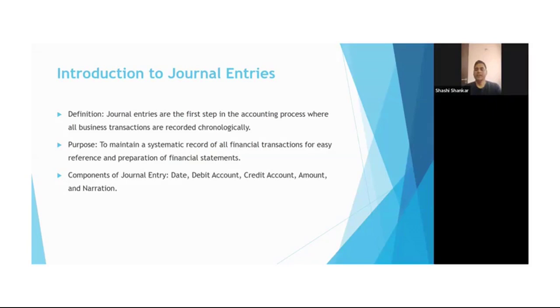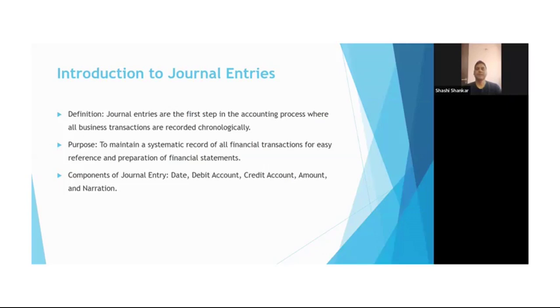Next one, the components of general entries. Definitely the date, then the debit amount, how much amount will be debited, how much amount will be credited, and narration. Narration is nothing but a description of the transaction, what transaction has happened.